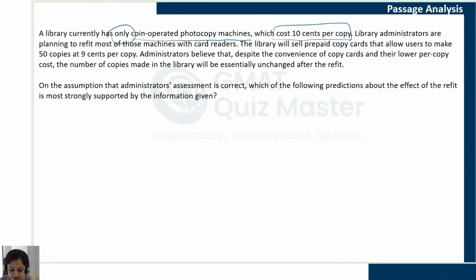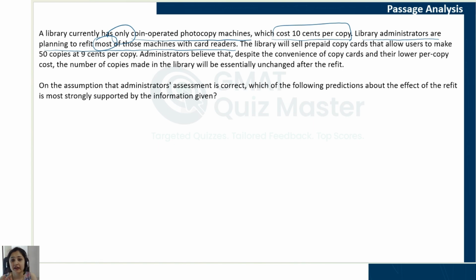Library administrators are planning to refit most of those machines with card readers. Now, there were only coin operated machines. Now, these administrators are planning to refit most of those machines with card readers. So all machines will not be refitted with card readers, only most of them will be refitted.